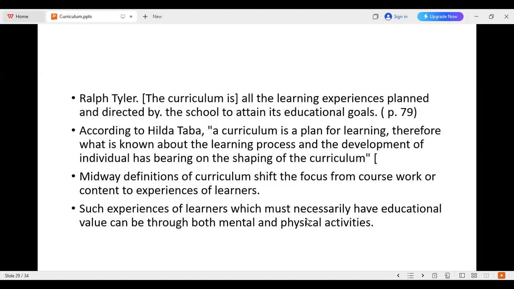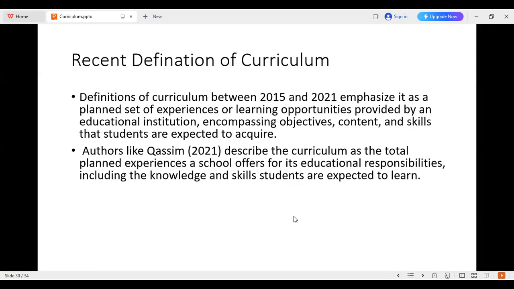A good curriculum serves the individual for their mental development and physical activities, regulating the physical activities. Yes. Recent definition of curriculum, after 2015.